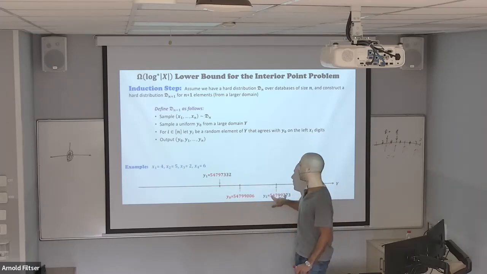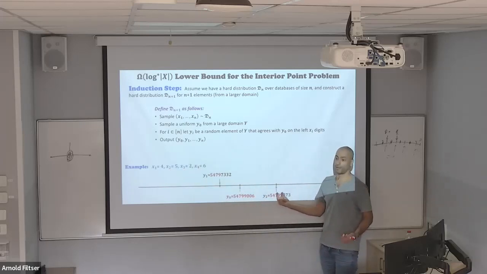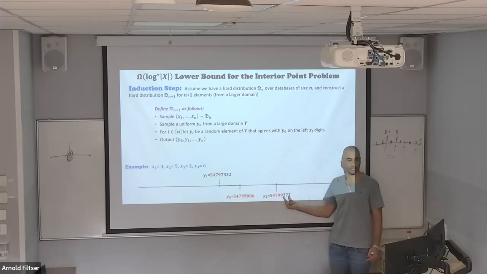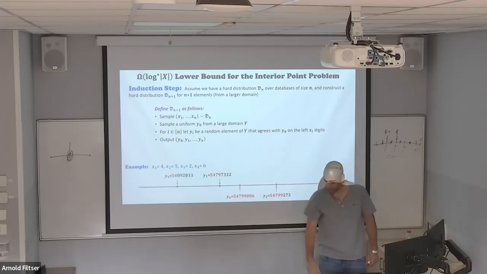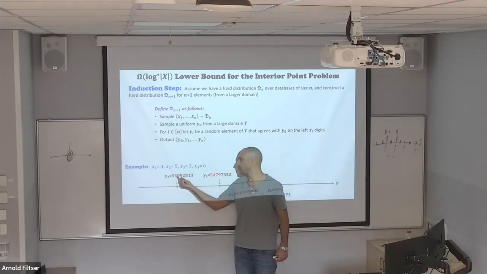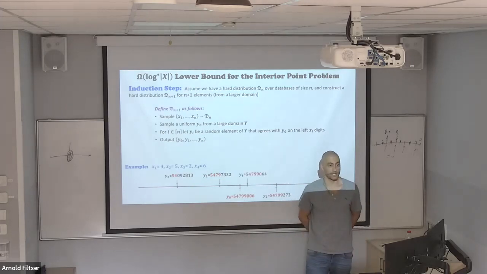Now, the second point, x2, is 5. I sample an element y2, where the first 5 digits I copy from here, and the rest of the digits I just sample uniformly. Same for y3: I look at x3, it's 2. I copy the first 2 digits from y0, sample the rest, and so on. Make sense?